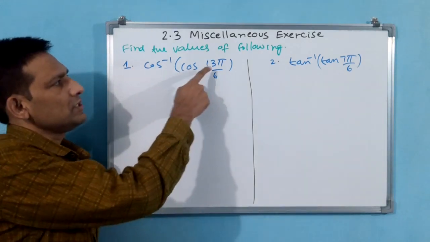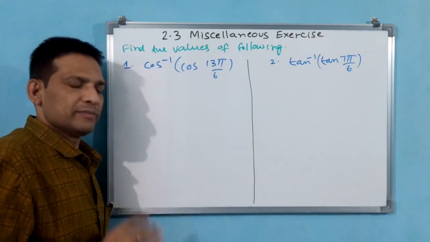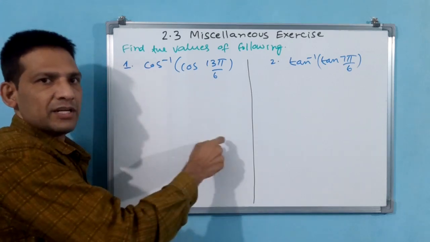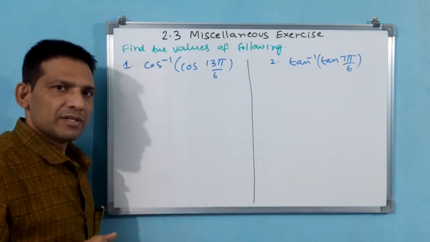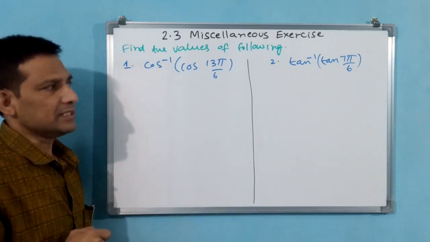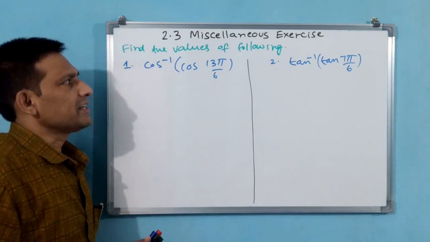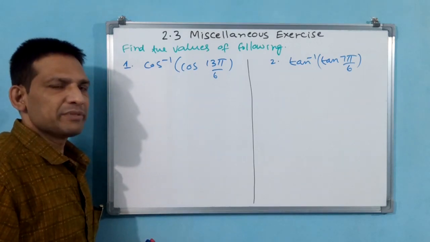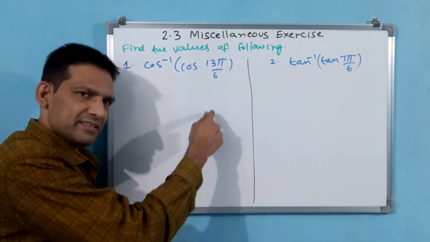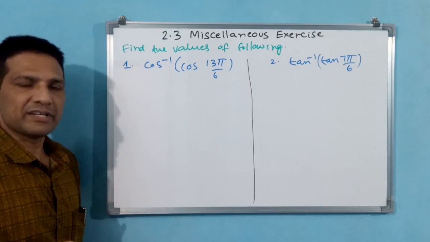Okay. You see, cos inverse cos is going to get cancelled. 13 pi by 6 is going to come. We know very well that the principal value for cos is 0 to pi. Within this 0 to pi, is it there or not, we will see. Pi by 6 means 30 degree. 30 into 13 means 390 degree. 390 means 360 plus 30. 360 plus 30 means first quadrant it comes.